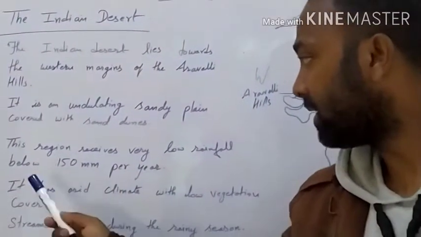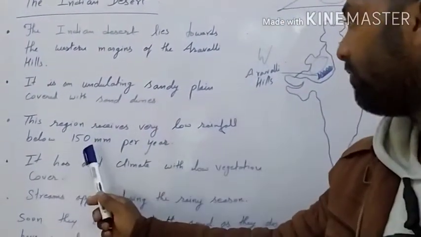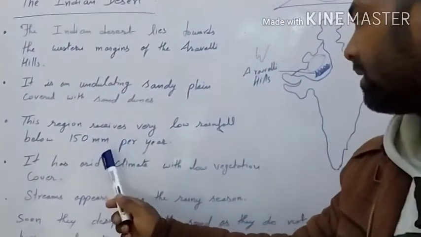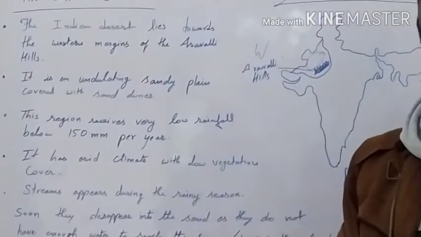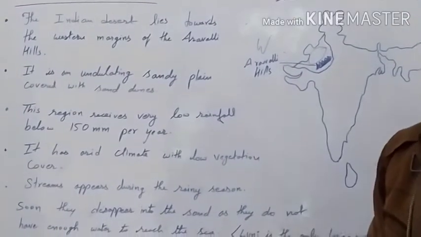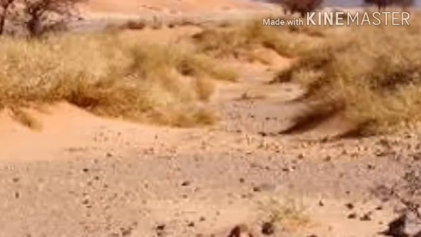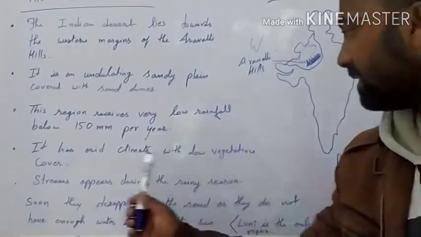The next point is that this region receives very low rainfall, below 150 mm per year. That means it is a very small amount of rainfall. That is why the region has become deserted, or we can call it an arid region. It has an arid climate with low vegetation cover.